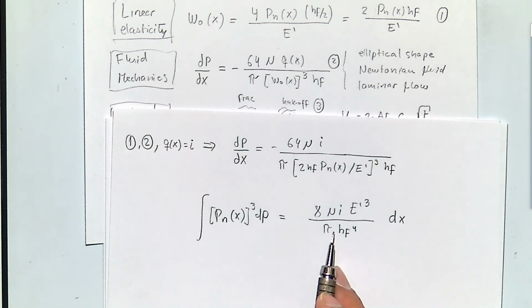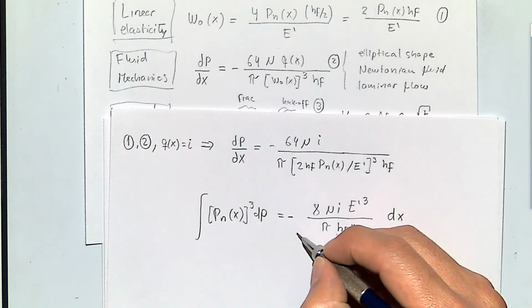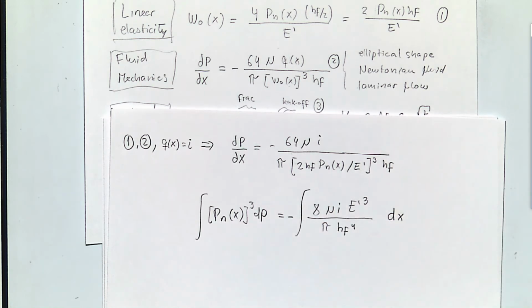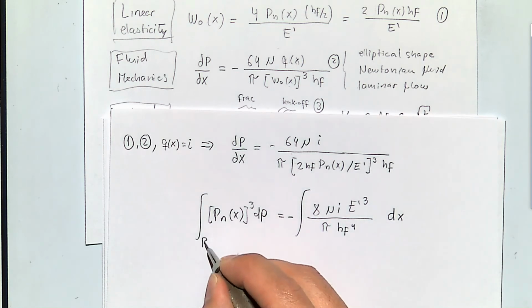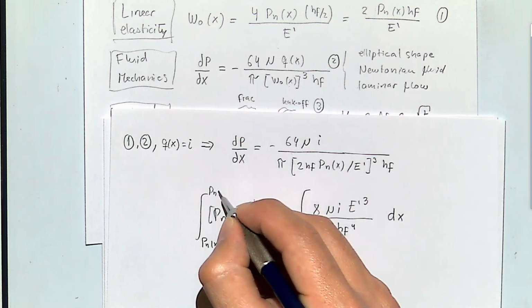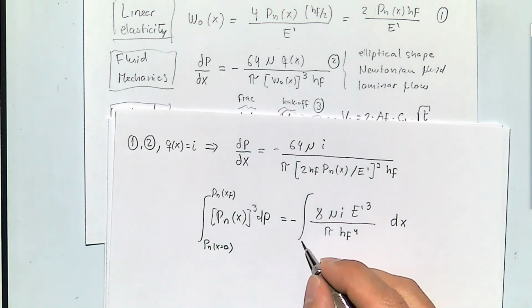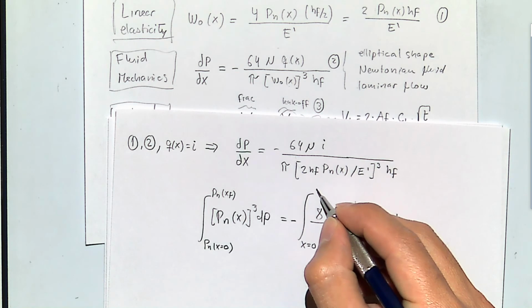Is this still a negative? Yes. But I wanted to put it outside the integral. So we're going to integrate this from Pn at the wellbore to Pn at the fracture tip, and this is the same.